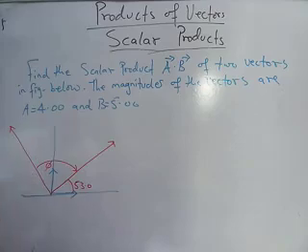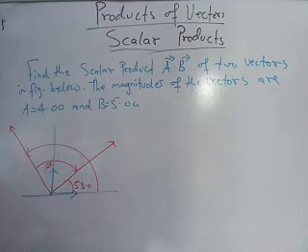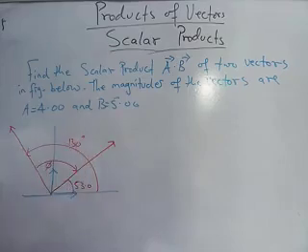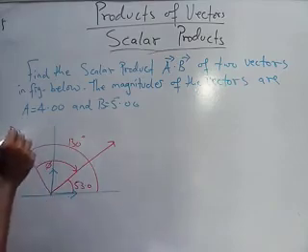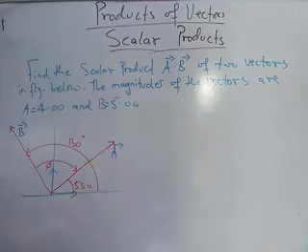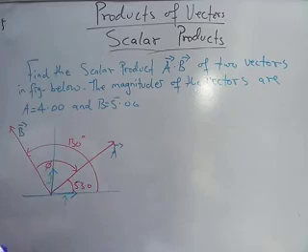Then from here to here is 130 degrees. This is vector B. So this is the question we have. This is our I, this is our J.